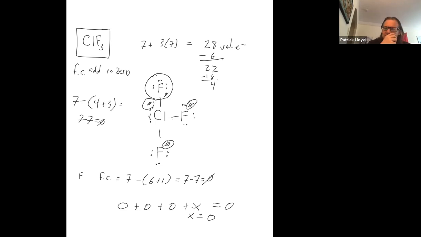Okay. So the last topic of this chapter is 8.9. It's called bond energies, although technically it's enthalpies.